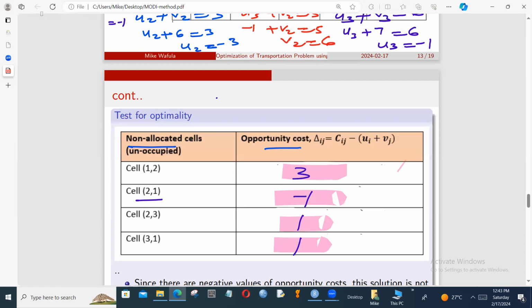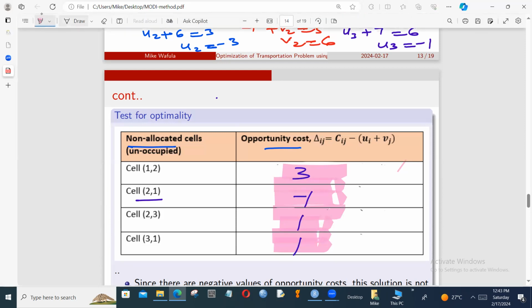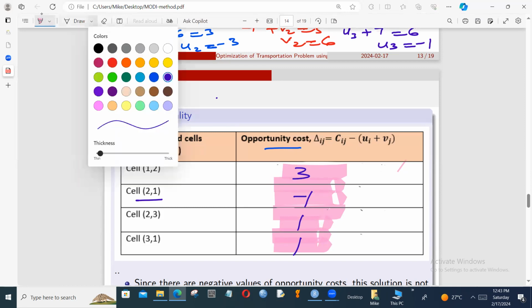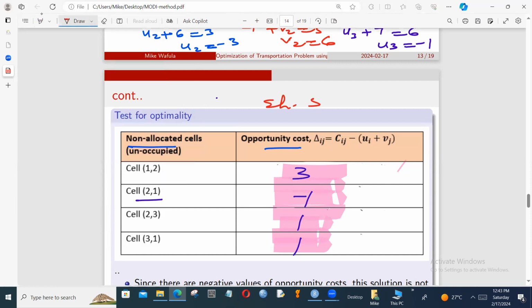But the moment we get at least one unoccupied cell giving us a negative figure, it means the total amount we have gotten at the level of the basic initial feasible solution, remember in this example we have 590, can be improved.